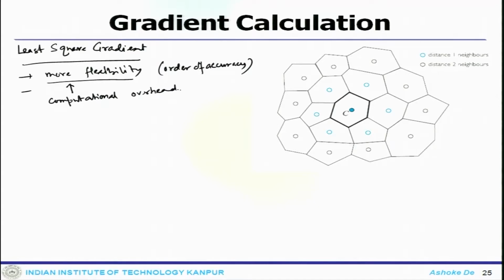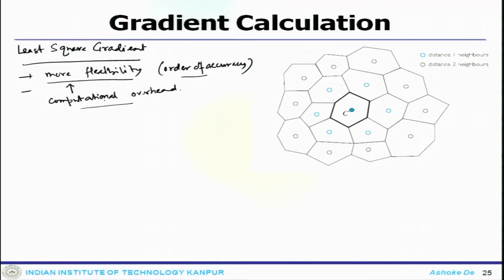So, while it offers you better flexibility or slightly better accuracy, it also comes with some sort of computational overhead. It is not that straightforward that you can get everything together on your plate. Let us look at this particular stencil.